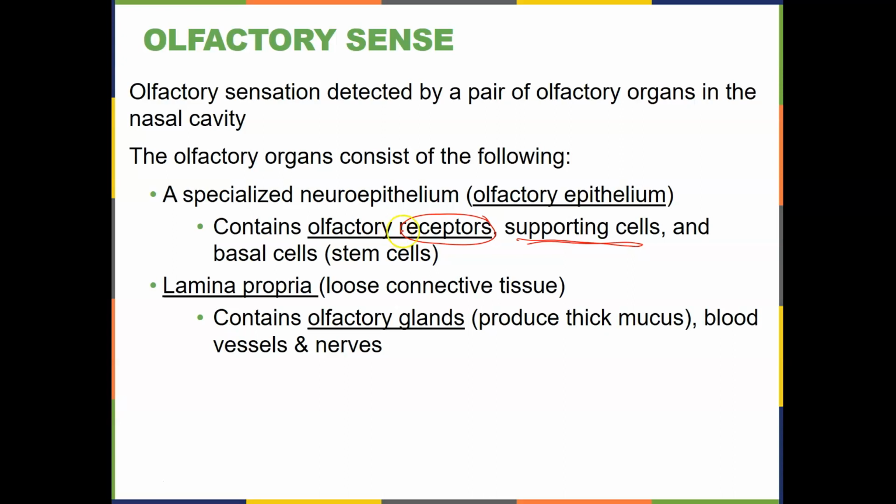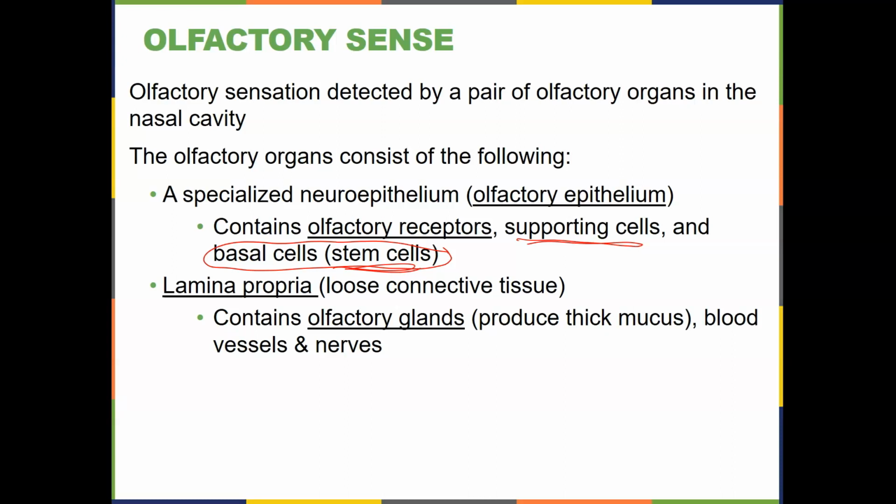There's another type of cell called basal cells. These basal cells are actually stem cells. So over the course of our life, our olfactory receptors will tend to die and go away, and those receptors are then replaced by new olfactory receptors made by these stem cells. This is an example of the nervous system regenerating itself after injury or just overuse.